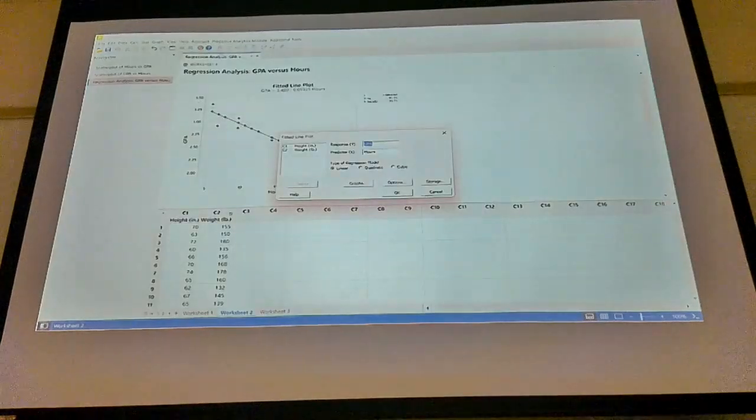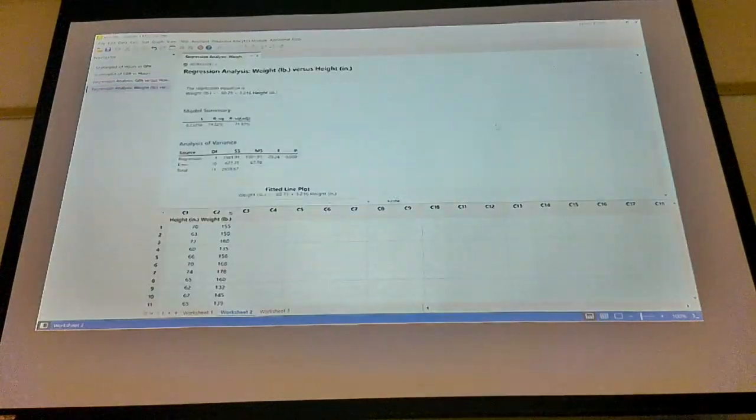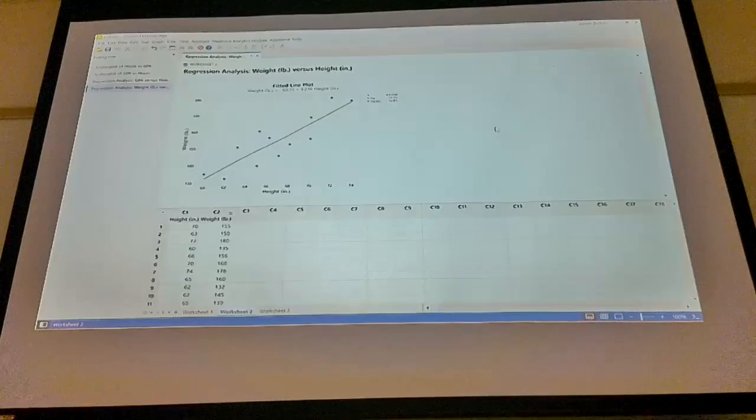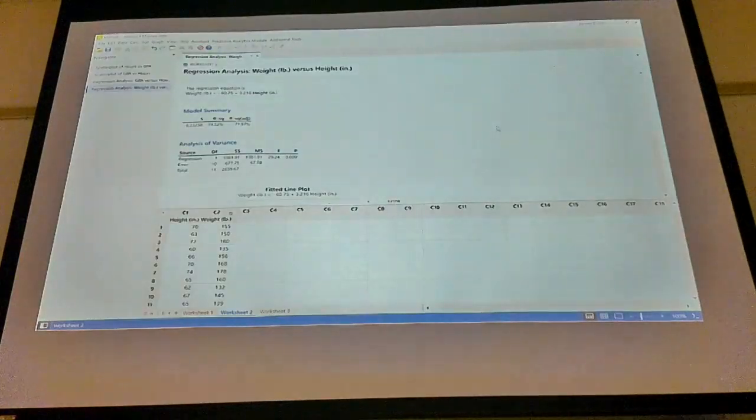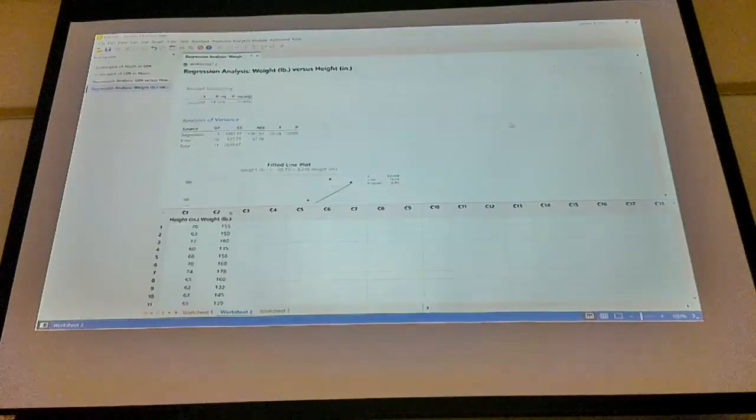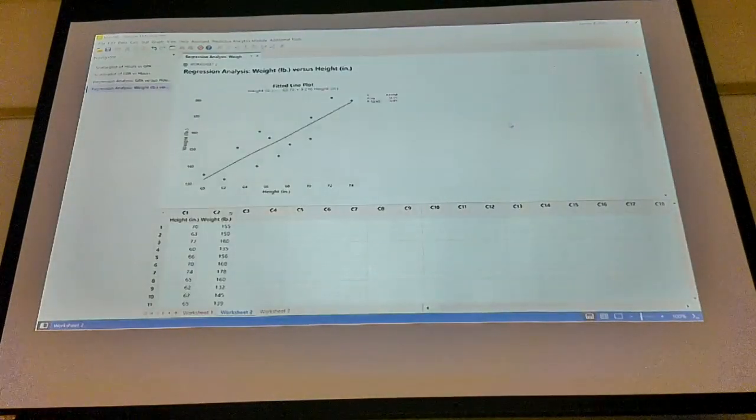What is our response variable? Weight. I would say that is not a strong linear correlation.